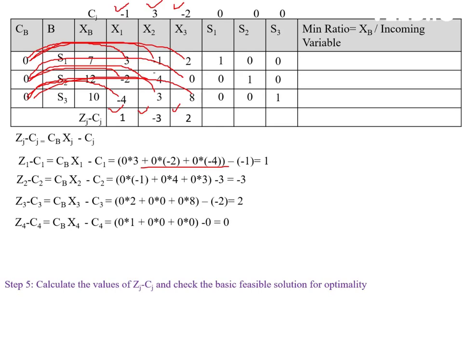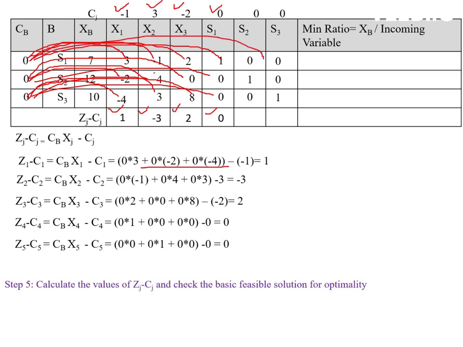Next we have to determine Z4 minus C4, which is equal to 0 into 1 plus 0 into 0 plus 0 into 0 minus of C4 value, that is 0. So the total value is 0. So enter the 0 value here. Next we determine Z5 minus C5, which is equal to CbX5 minus C5. CbX5 is 0 into 0 plus 0 into 1 plus 0 into 0 minus of C5 value, which is 0.